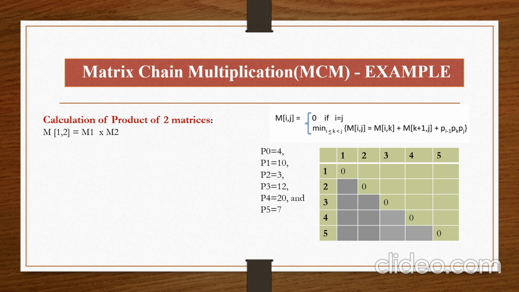Here k will take the value from i to j, including i but excluding j. So here i is 1 and j is 2, so k will take only one value, that is 1.